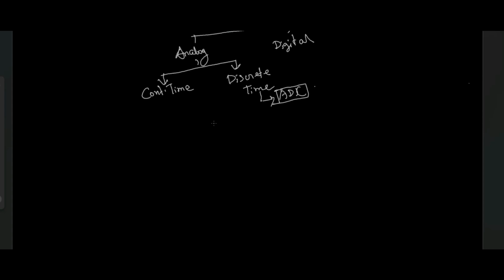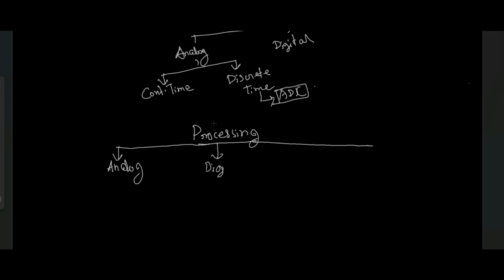there are types of processing. Like in DSP, we have the word processing, so we have to learn the types of processing as well. Processing is of mainly three types: analog, digital, and mixed. Right.